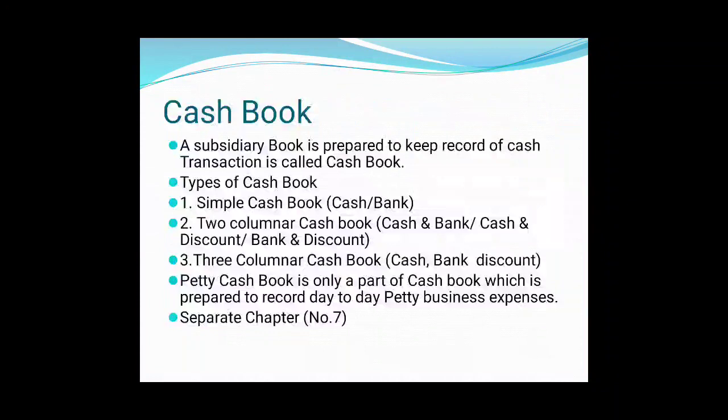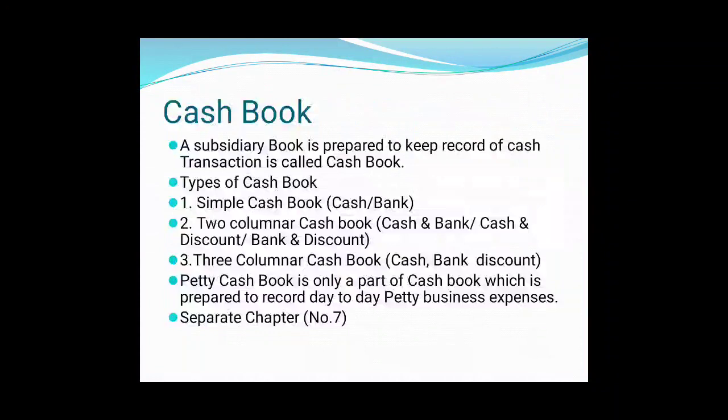Earlier also in one lecture we discussed the types of cash book. Here also we will discuss it. There are three types of cash book. One is the simple cash book, second the two columnar cash book, third the three columnar cash book. In a simple cash book, there is one column for amount that can be either cash or bank.